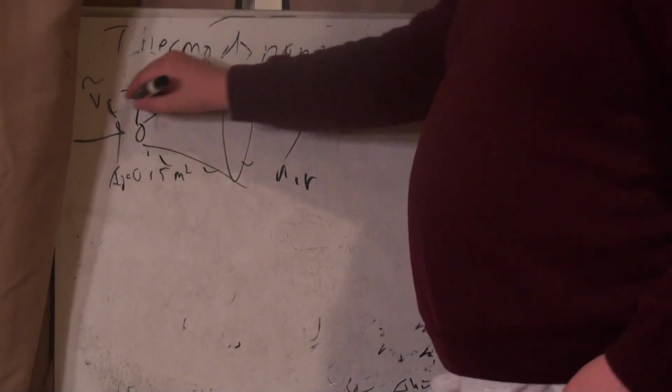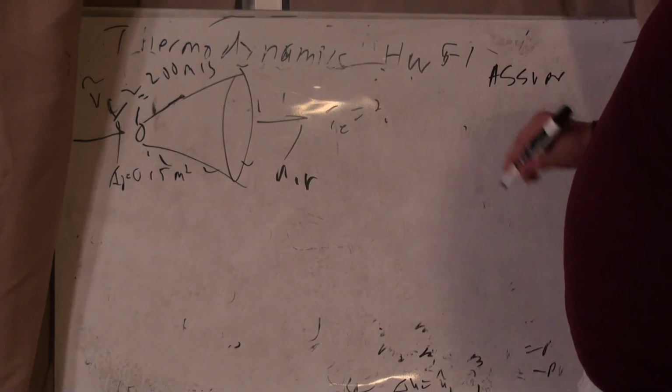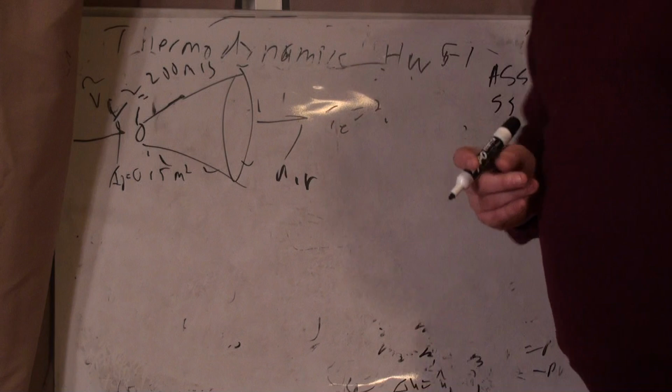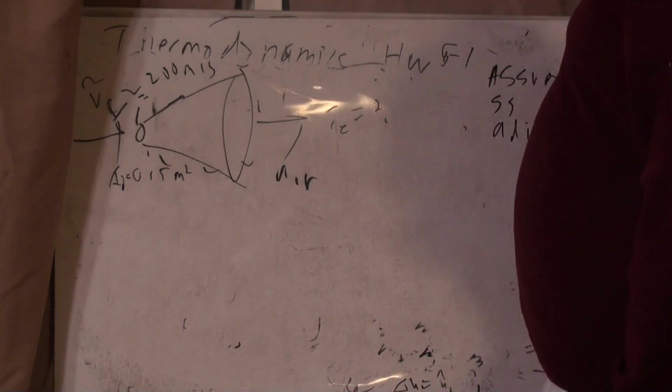They typically do. Okay. So, I got my system, I got my picture, I got my boundary, I got my assumptions. Okay. So I'm going to assume that this is steady state. Okay. I'm also going to assume that this happens so quickly that this is basically adiabatic.